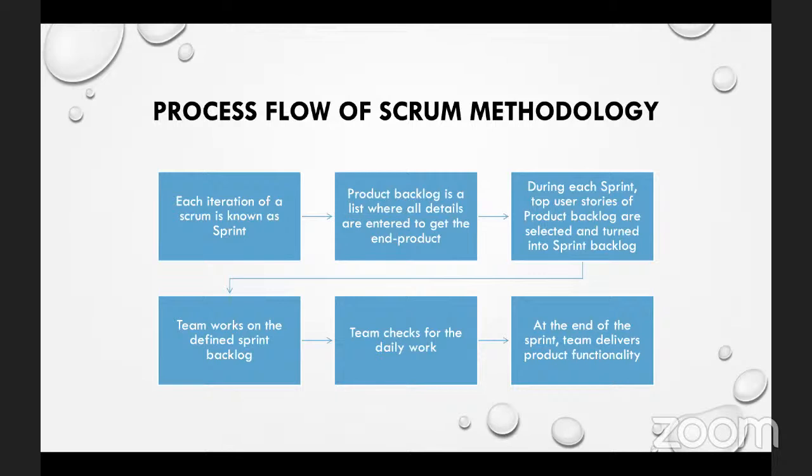And then also, product backlog is a list of where all details are entered to get the end product, right? So if you look at the product backlog, this is like a wish list. This is a list of all the kinds of features that we need to build. So in our example of the ABC church, we want to build a church platform.